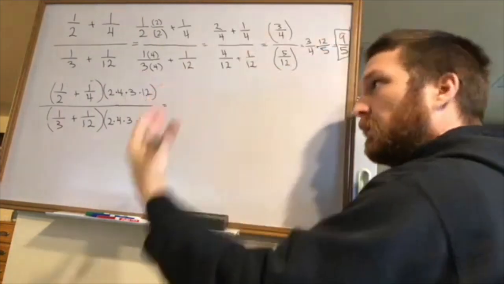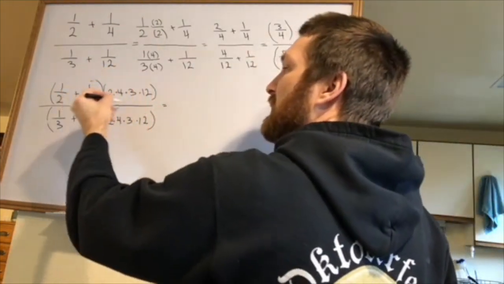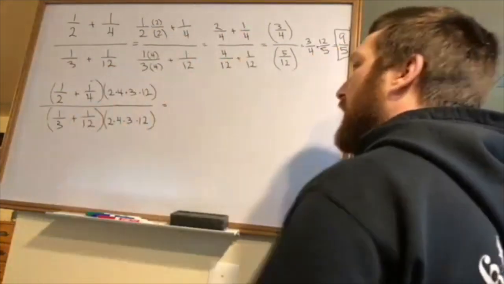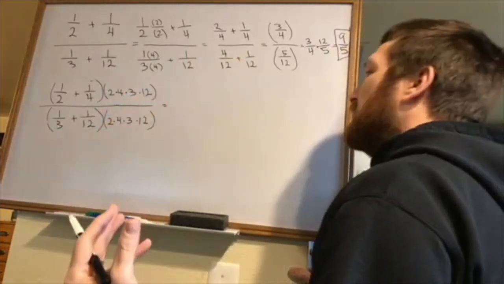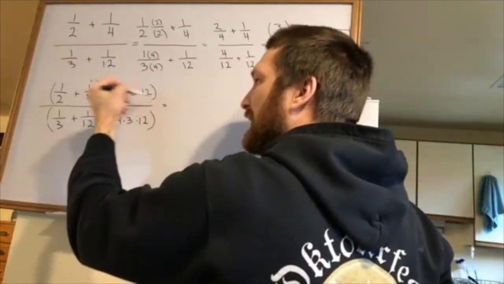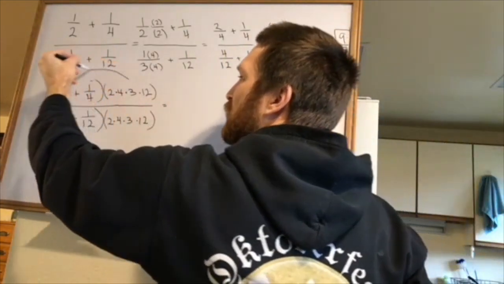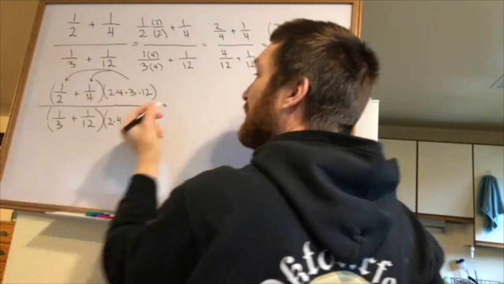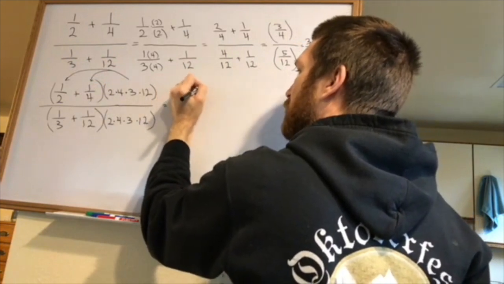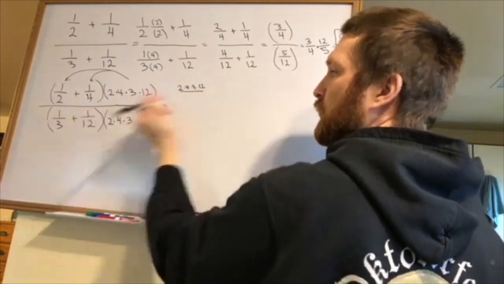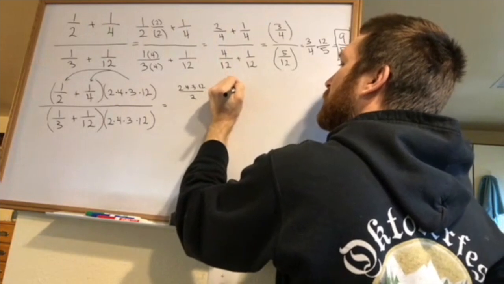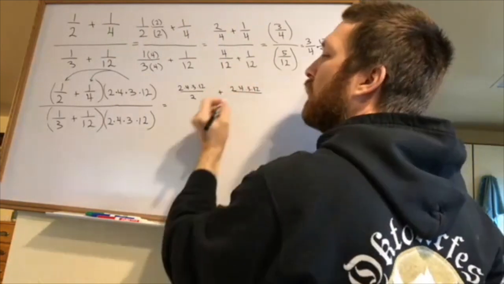And so what would happen is this number, this whole thing in those parentheses, I could figure it out. I could go 2 times 4 is 8, times 3 is 24 or something, times 12 is whatever that is. But it's already nice and factored, and I'm going to keep it like that and say, okay, then this thing distributes over into each of these, giving me 2 times 4 times 3 times 12 over 2, plus 2 times 4 times 3 times 12 over 4.